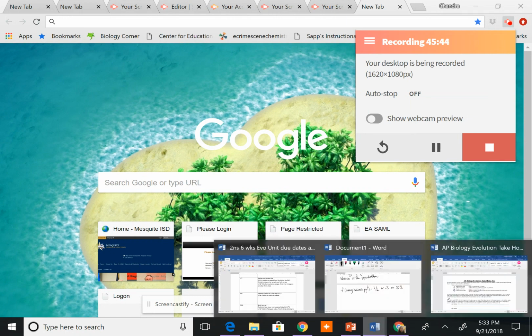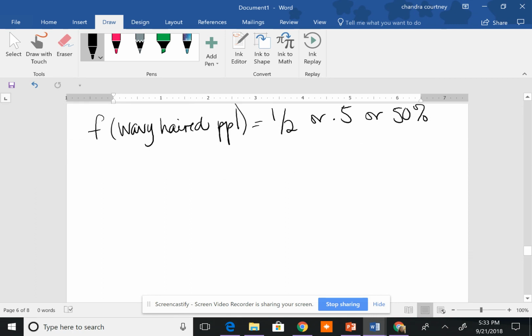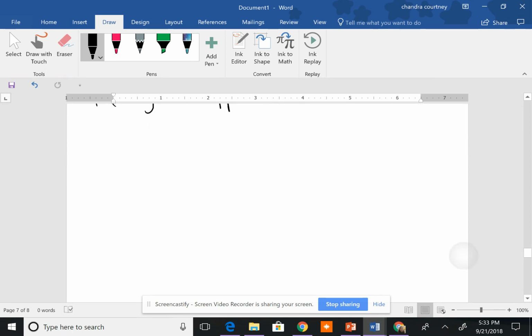So now that we've talked a little bit about the allele frequency, let's talk about Hardy-Weinberg equilibrium. I'm not going to go over the theory again because we've already addressed that, but let's start looking at some of these variables and where our two equations came from.